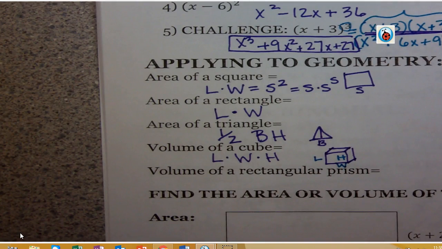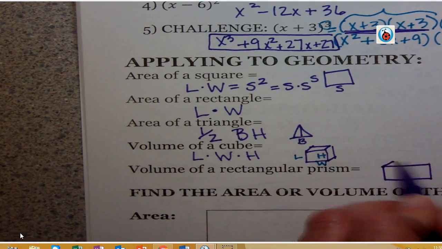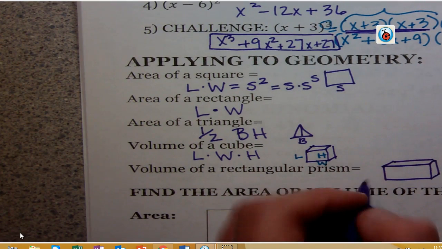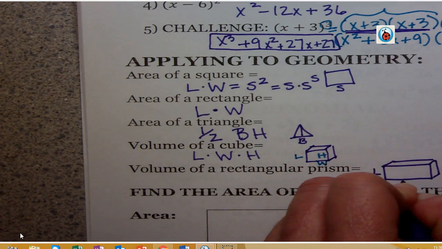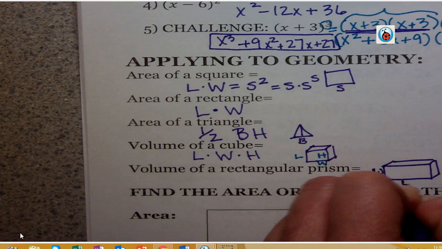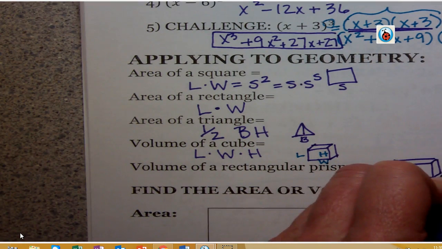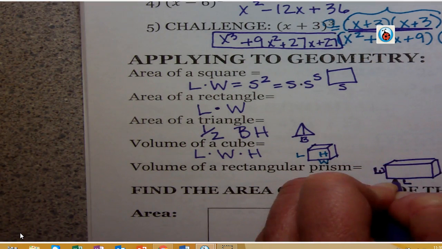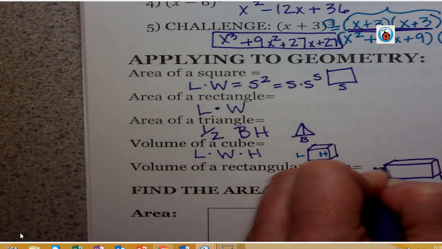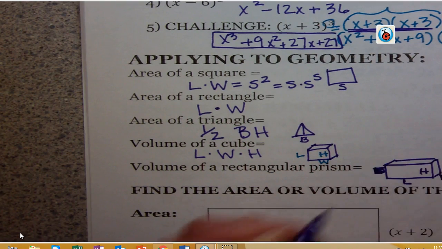And the volume of a rectangular prism, which looks like this, is going to be your length times your width times your, I guess this could be your height. Either way, let's make that correct.